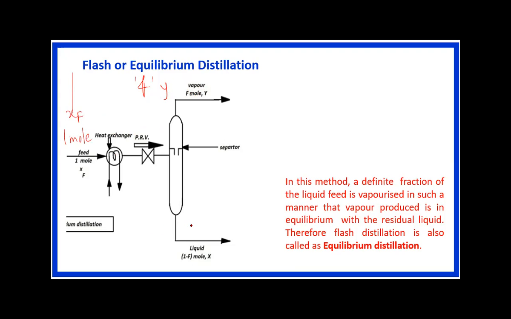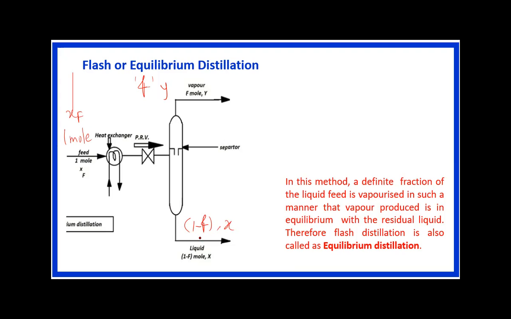Then the remaining liquid can be indicated as 1 minus F, because 1 is feed, F is vapor, so obviously 1 minus F is nothing but the residual liquid, and the fraction for this liquid is small x.